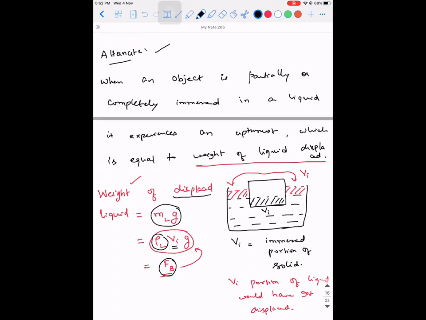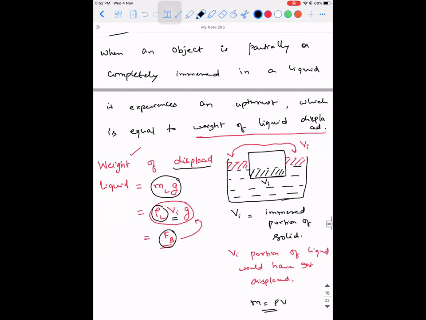Sir, so Vi is the volume of solid, sir. Yes, volume of immersed portion of solid. See, volume of immersed portion of solid is the same as volume of the displaced portion of the liquid. They both are same. So then what is g, sir? V is volume that we will take. Why are you concerned about it?